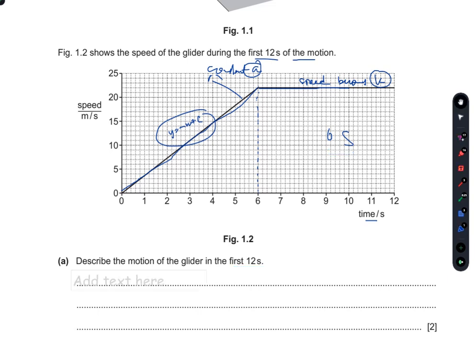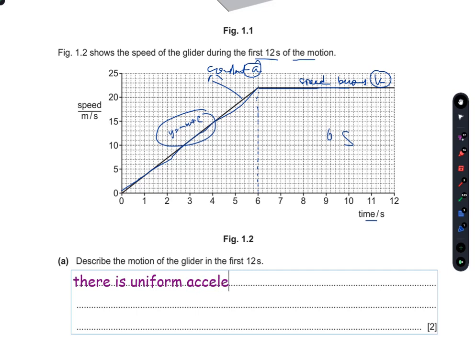So now I'm going to write here that there is uniform acceleration. You can see in the graph that there is uniform acceleration because the slope is uniform, because the slope is a straight line.